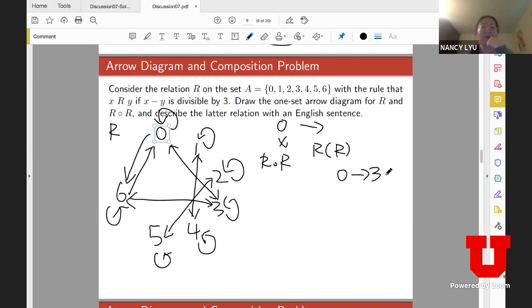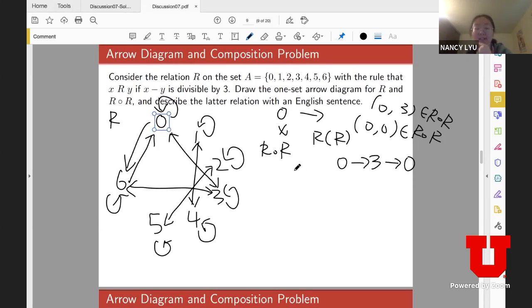And then from 3, you can go back to 3 or go back to 0. So that basically means (0, 0) is in the set of R compose R, and also (0, 3) is also in the set of R compose R. So if you list everything, you find in the end that the one set arrow diagram for R composition R will be the same as R.